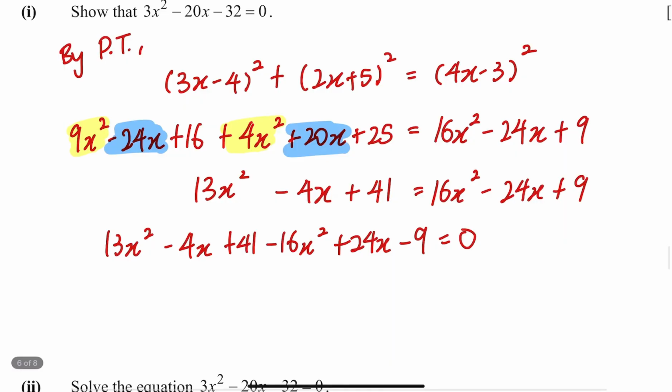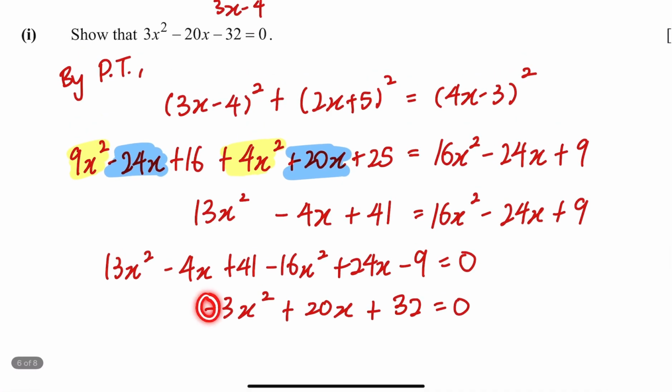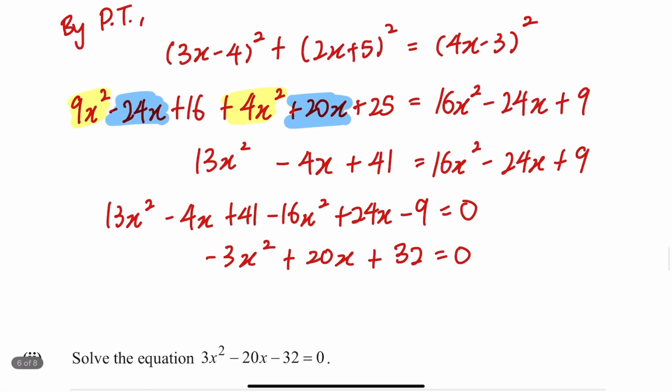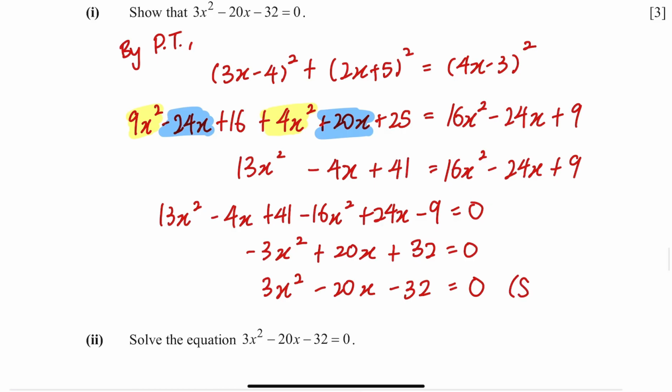So simplifying, I'll get negative 3x squared plus 20x plus 32 equals 0. Then we note that the leading sign is negative, so simply multiply negative 1 on both sides of the equation. Negative 1 times the left side will give me 3x squared minus 20x minus 32 equals 0. And therefore, I've shown the first part here.